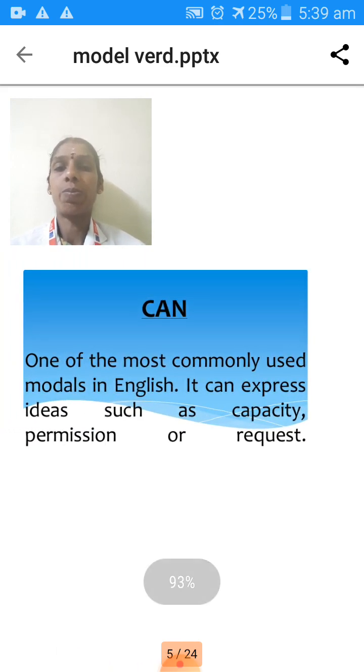Can is one of the most commonly used modals in English. We can express ideas such as capacity, permission, or request. For example, let me see the examples.